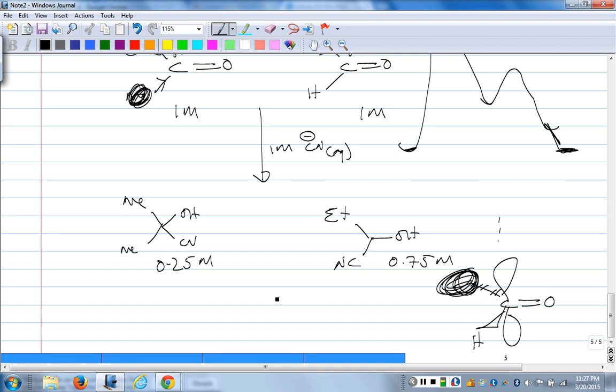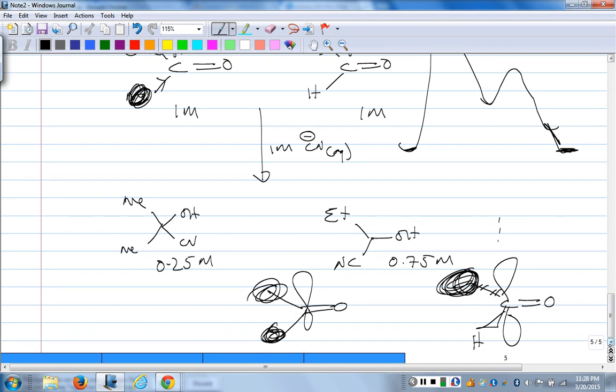But if I have a ketone where there are two alkyl groups, then there's no approach to this carbonyl that can navigate around away from my alkyl group. So having two alkyl groups flanking the carbonyl sterically deactivates the carbonyl. So we say ketones are electronically deactivated and sterically deactivated relative to the isomeric aldehyde. So in general, aldehydes are more reactive than ketones.